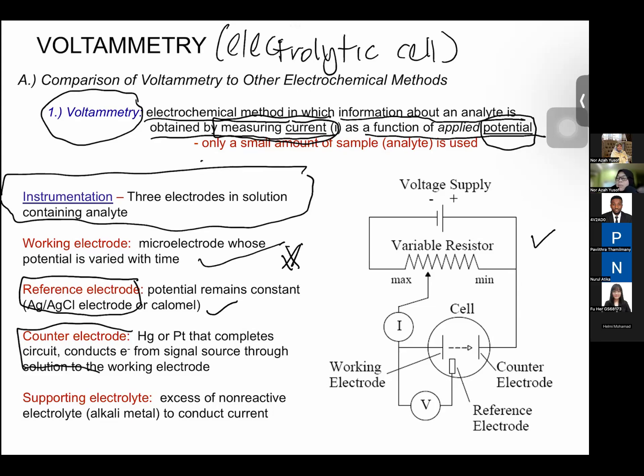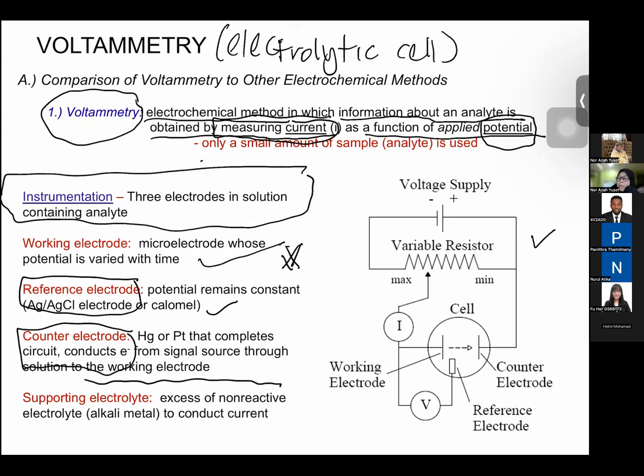The last is the counter electrode, which completes the circuit, because it's an electrical circuit and has to be completed. So these are the functions of the three electrodes that are used in voltammetry technique.